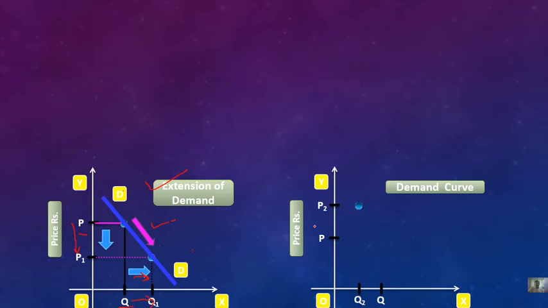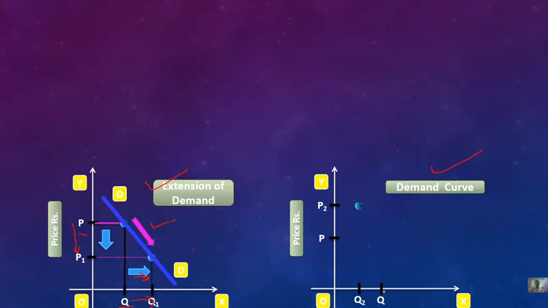Next, contraction of demand. This graph shows contraction of demand. P is the original price, which is shown on y-axis.